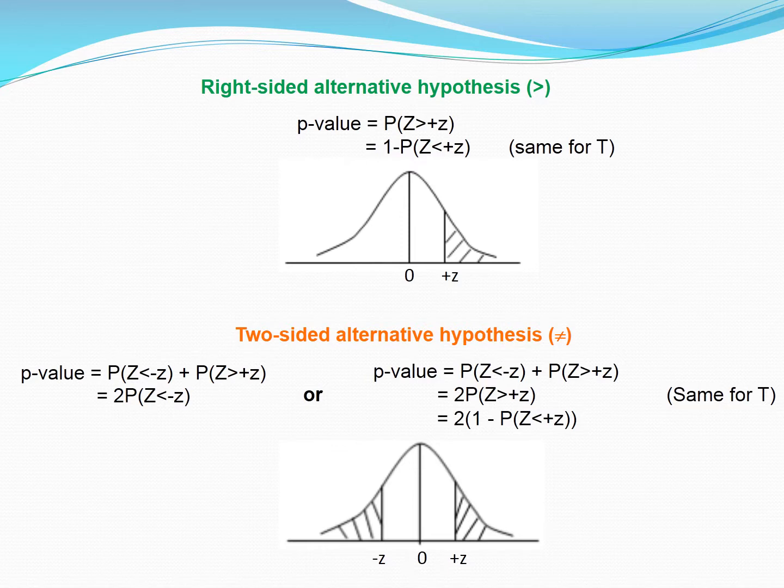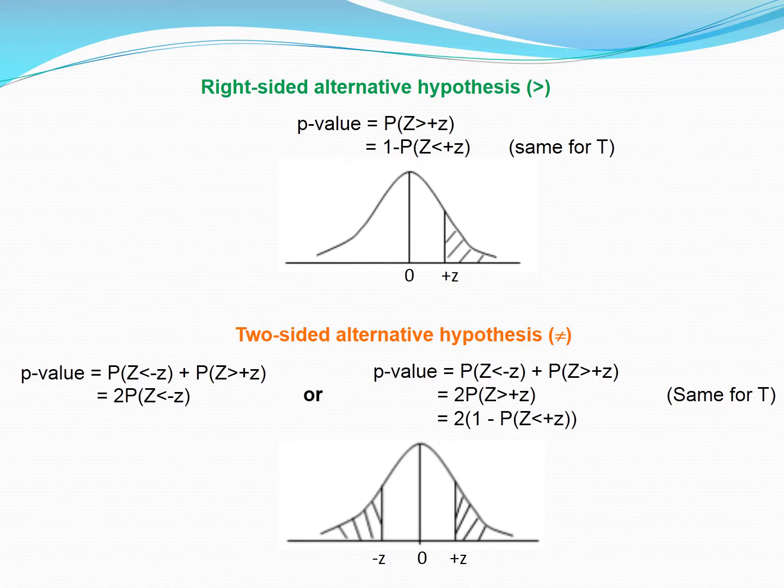If we want to test a two-sided alternative hypothesis, where we say not equal to, then we will look at the probability that Z is less than a negative Z value and the probability that Z is more than a positive Z value, because it can either be less than or it can be more than if it's not equal to.